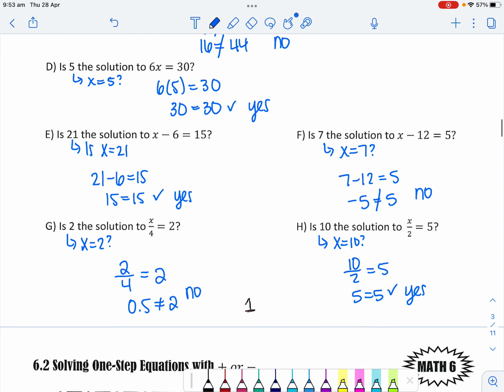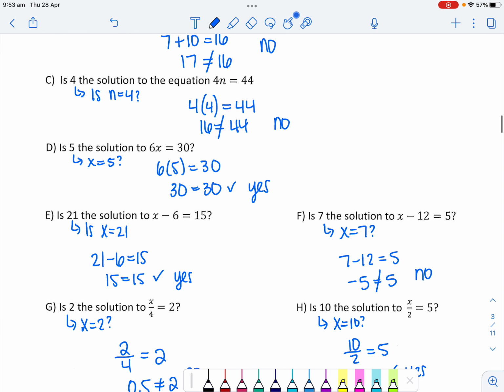So I've walked through all the different types of equations: addition, subtraction, multiplication, and division equations. Starting with this module, we are going to be representing most, if not all, of our division as a fraction and not with a division symbol. And we will talk a lot more about that as we get to solving.